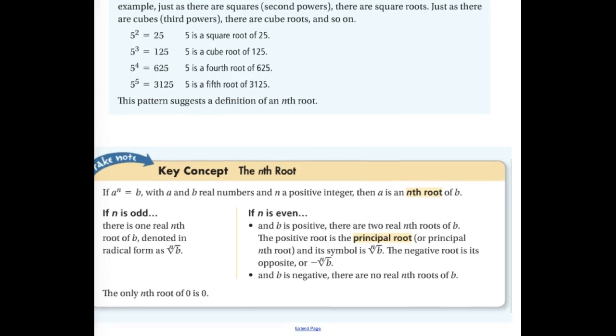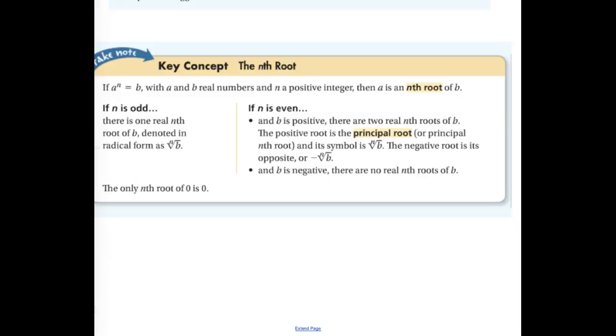We have a formal definition for our nth root. This is one of those details that I said you have to pay attention to. The first line says, if a to the nth power equals b, with a and b being real numbers and n a positive integer, then a is the nth root of b.